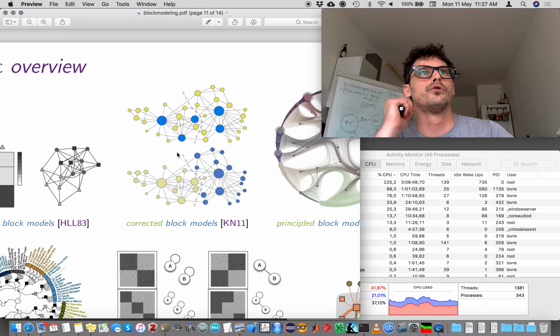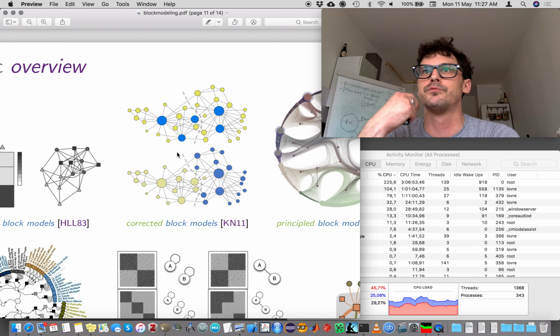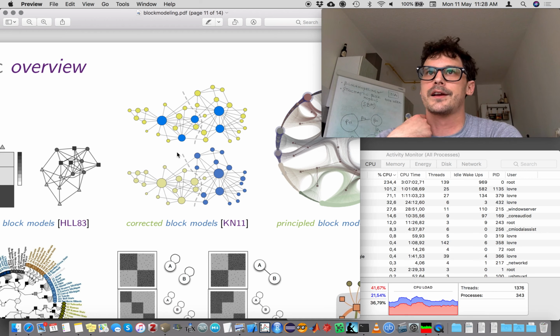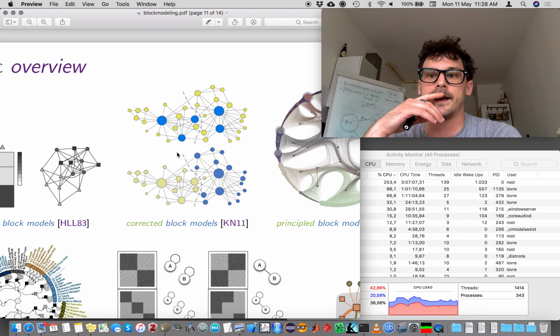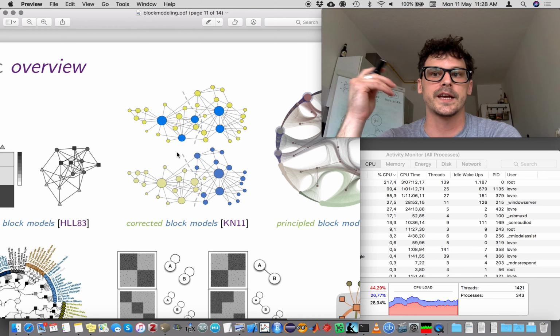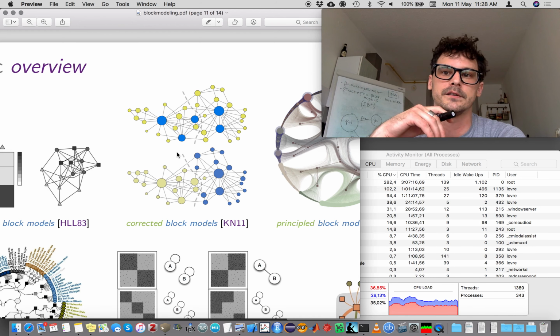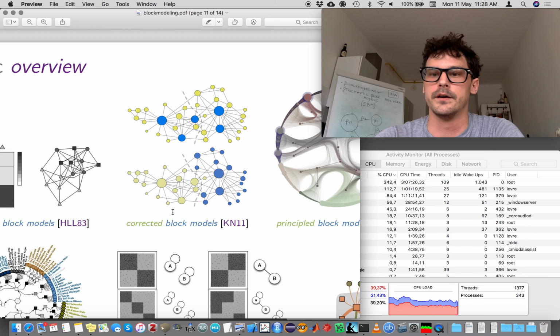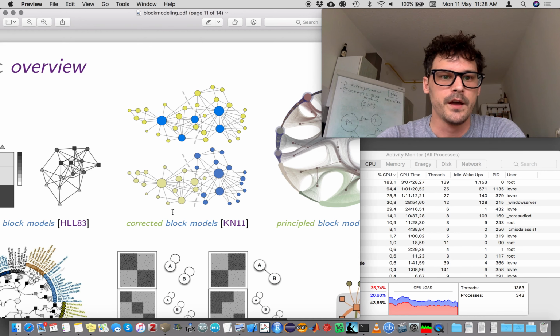And usually a good rule of thumb would be if the degrees of the nodes of your network are considerably different between one another. So for instance, you have a large scale free network with a power law degree distribution. Usually you get a better division with the degree corrected model.